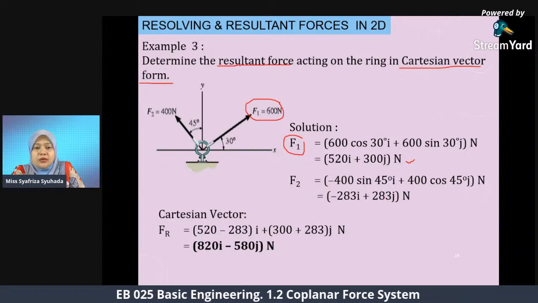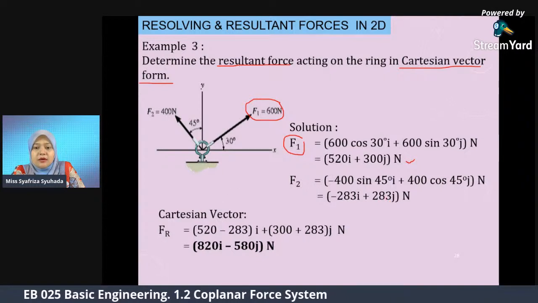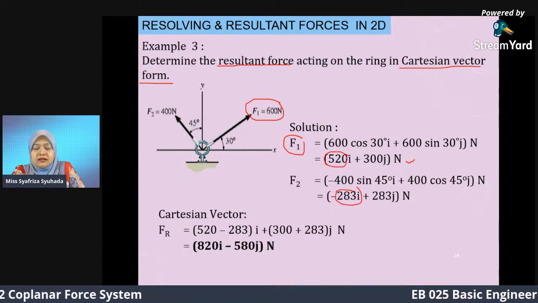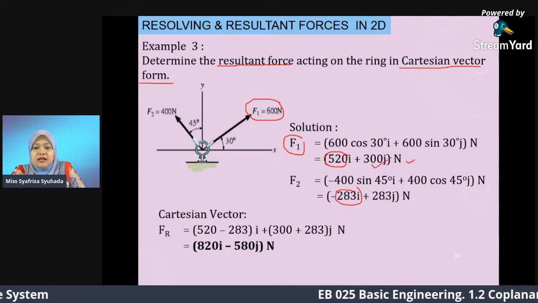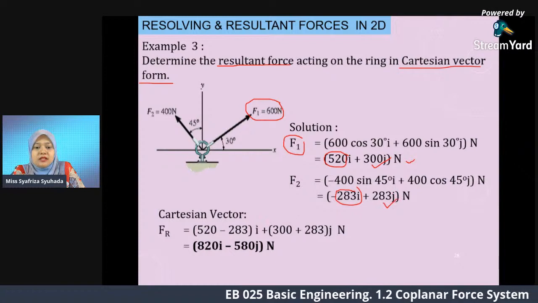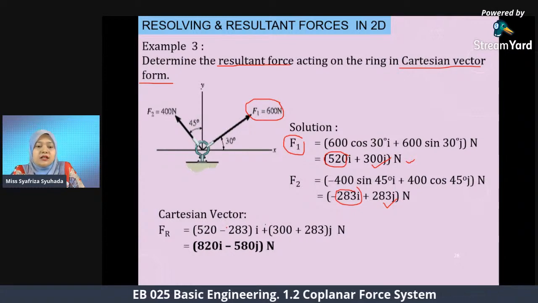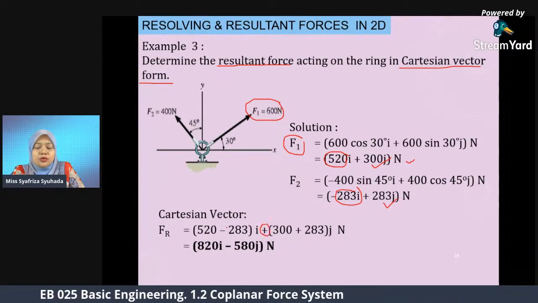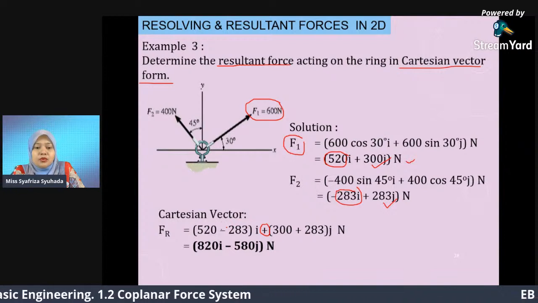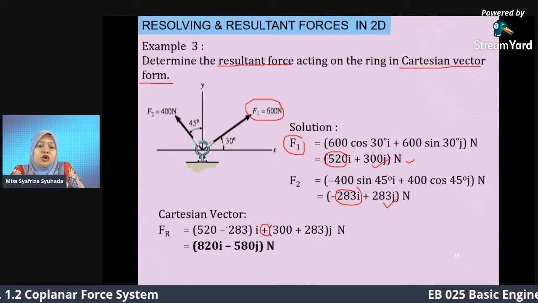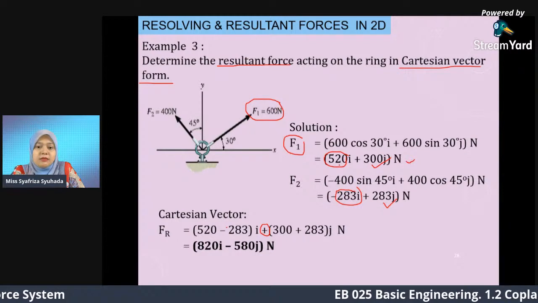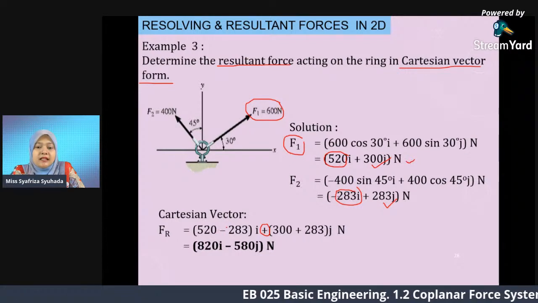Okay, bila nak tahu resultant, kita akan tambah I dengan I dan J dengan J. Okay, dia mesti tambah di luar kurungan. Tetapi di dalam kurungan bergantung kepada operasi tersebut. Contohnya 520I ditolak.